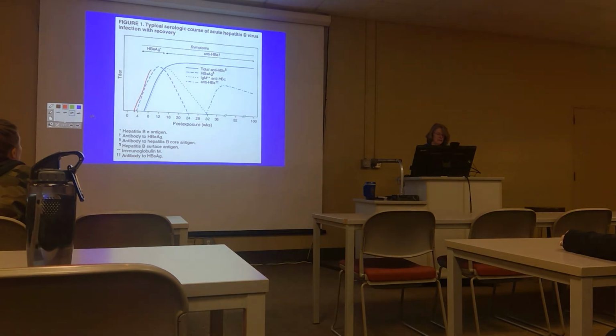This is your hepatitis B surface antigen. So here's your post-exposure weeks, here's time 0. So shortly after being infected, you'll be able to detect hepatitis B surface antigen. It's the first thing to go up. If you're detecting this, your patient has an active hepatitis B viral infection. That's kind of the claim to fame for the hepatitis B surface antigen. So it's the first serological test to come abnormal. If you detect it, they have hepatitis B.